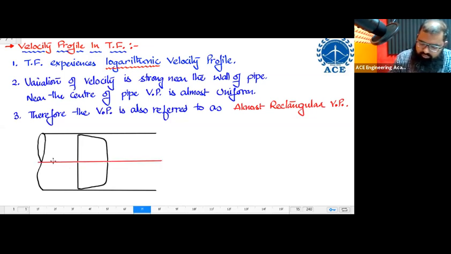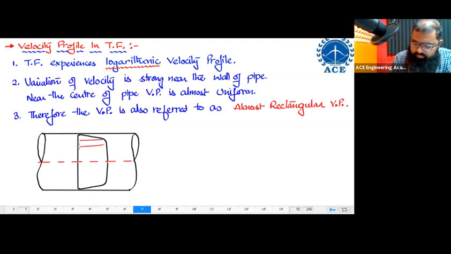In the case of turbulent flow, the velocity profile would be something like this. This is the velocity profile. Now observe over here. Is it not looking like a rectangle?